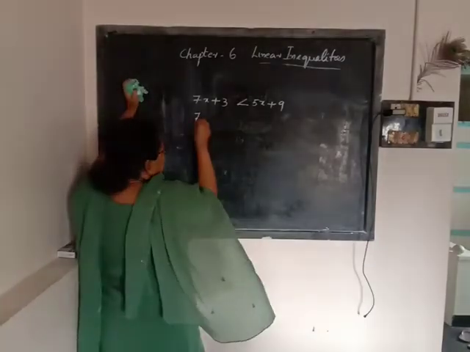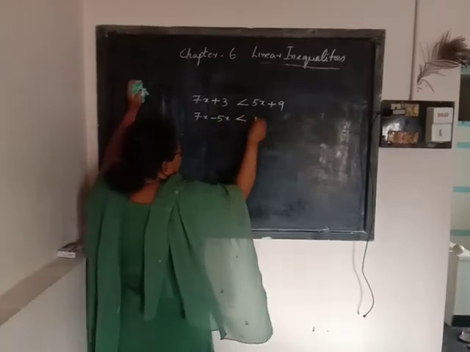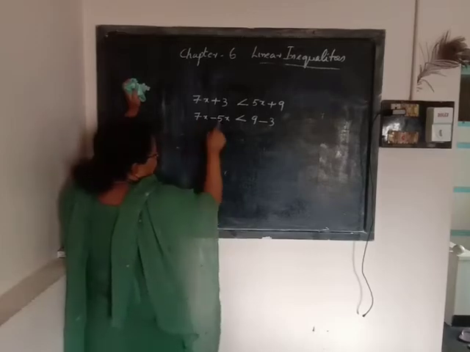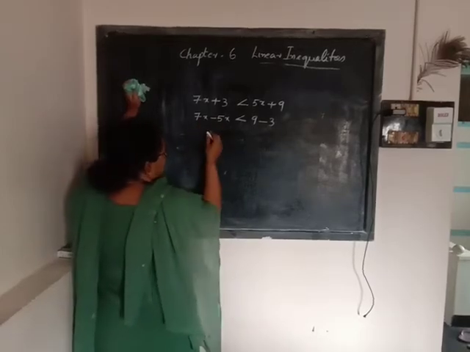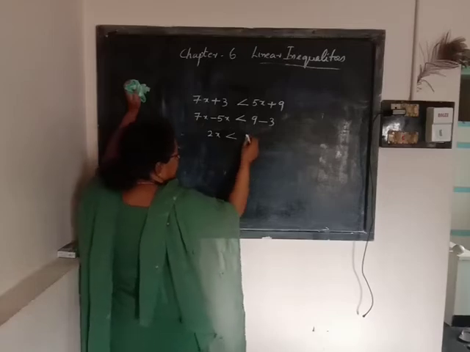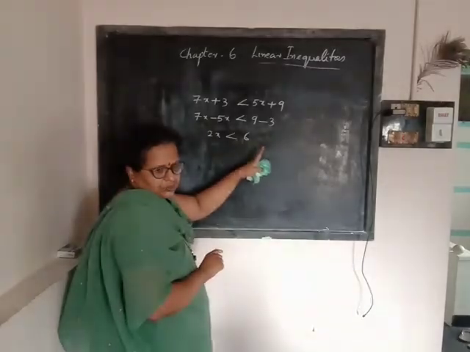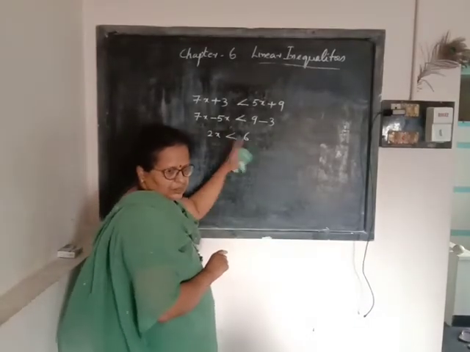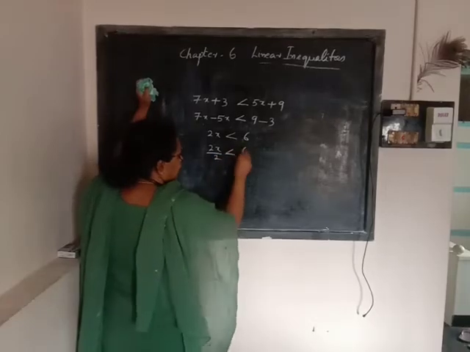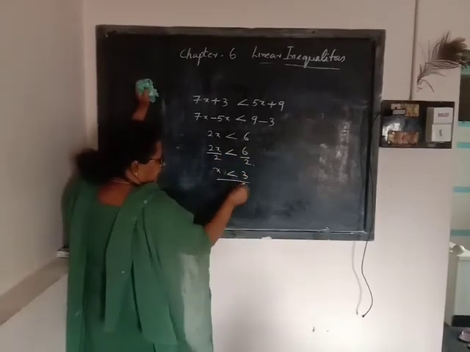So it will become 7x minus 5x less than 9, then plus 3 becomes minus 3. 7x minus 5x is 2x, less than 9 minus 3, which is 6. So we have to divide by 2. It is a positive number, so the inequality will not be changed. It will be the same. So x less than 3.